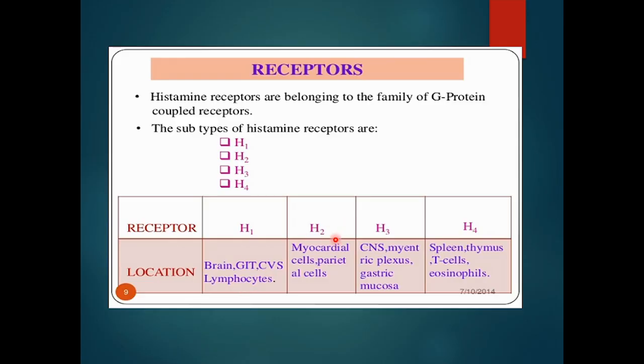H2 receptors are present in myocardial cells and parietal cells. H3 receptors are present in CNS, myenteric plexus and gastric mucosa, and H4 receptors are present in spleen, thymus, T cells and eosinophils.